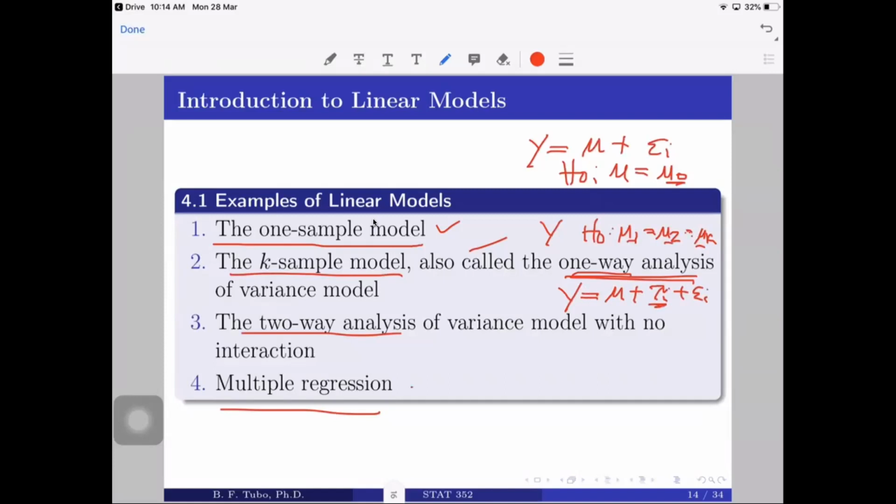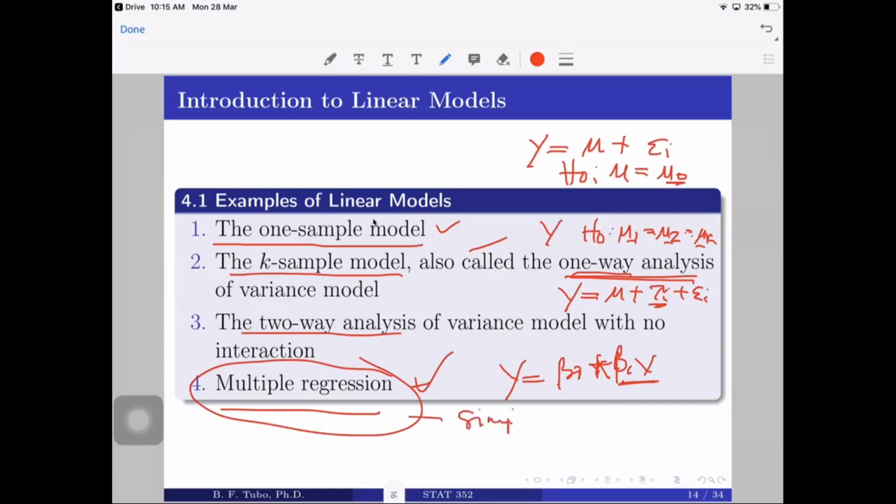And the multiple regression, of course, will start with a simple c plus beta 1 x, and then if you have many x's, that will be multiple regression. So the form of the models here will be seen in the reports, which start with simple regression and then expand to multiple regression.